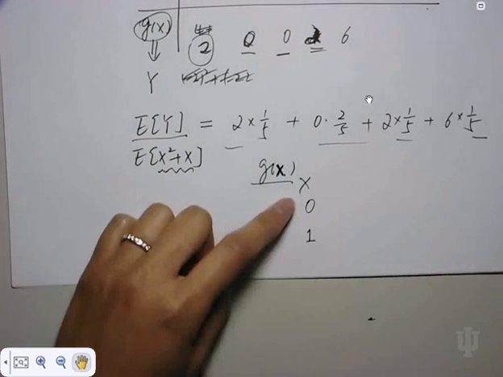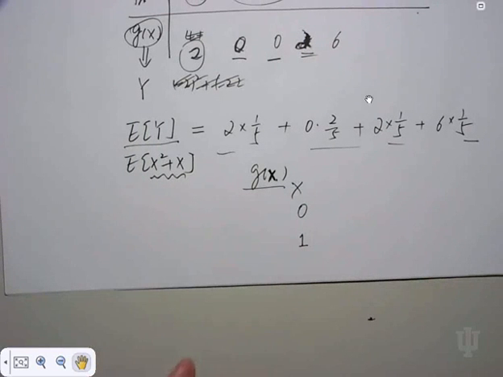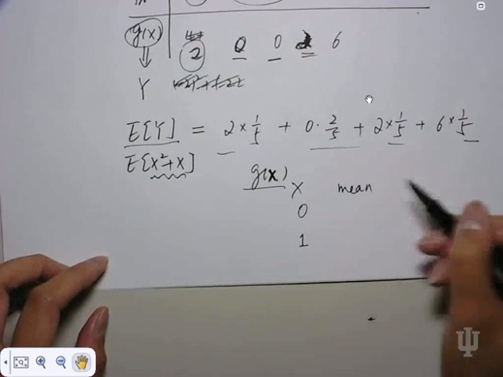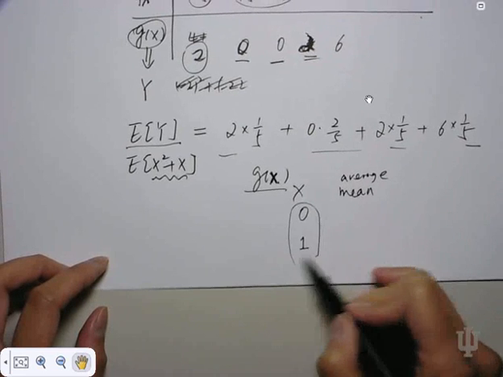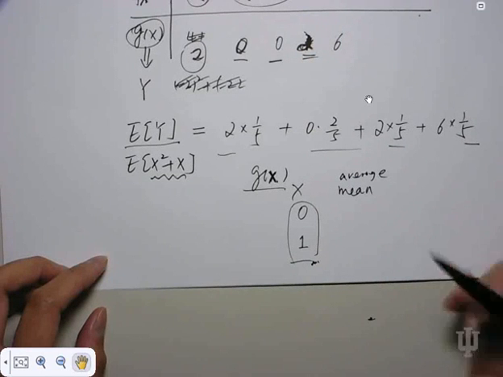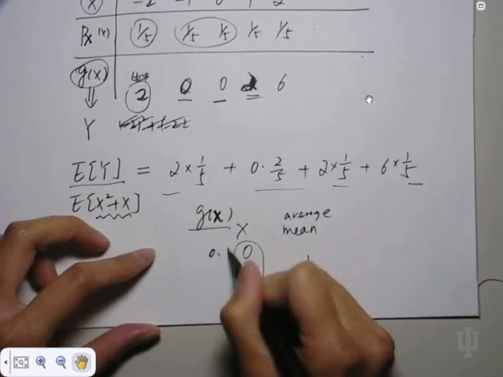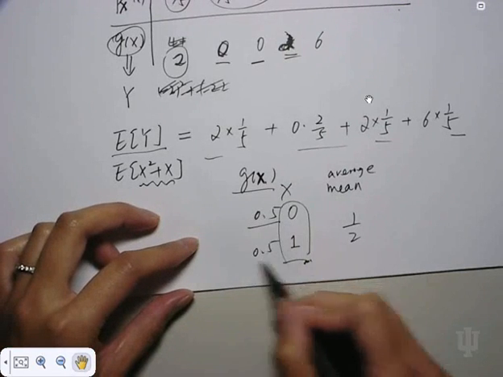Remember, those are random variables, right? So those are equally likely. If I ask you what's the average value of those outputs, you would definitely tell me 1/2. So of course you have this much probability to get 0, this much probability to get 1.